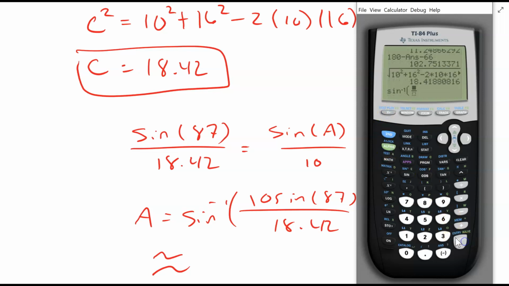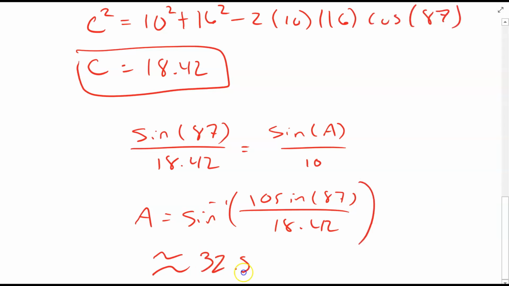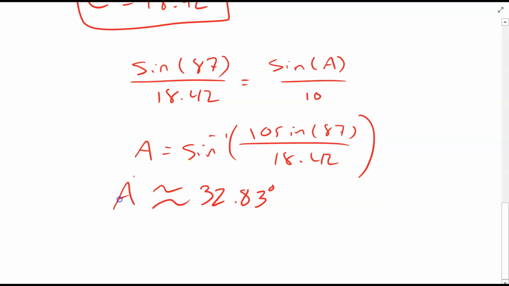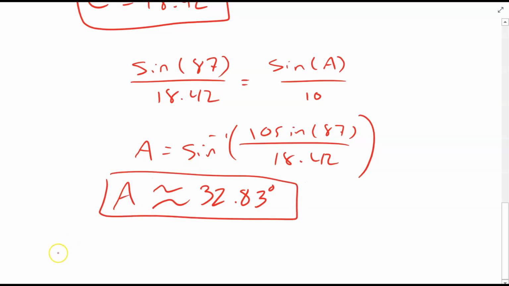And again, I like to use this fraction command. It just makes life easier than having to mess around with like 1,000 sets of parentheses here. And I'm going to use the full decimal from my previous answer. So that gives me 32.83, I guess. I don't remember how many decimal points they asked around this to. So there's my value for A. And now to find my value for B, I can just do 180 minus A minus C.